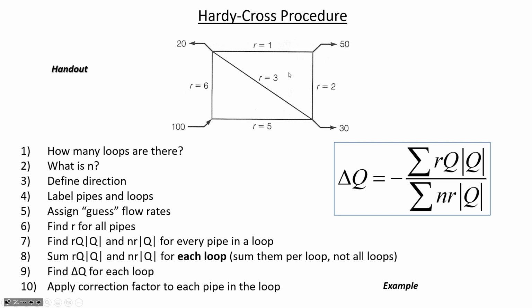So I'm just drawing this on the board. It's 1, 2, 3, and 4. Clockwise is positive. So what that means is, if the water's going from 1 towards 2, then that's a positive flow. We're going to keep track of the magnitude of the flow and also its direction.